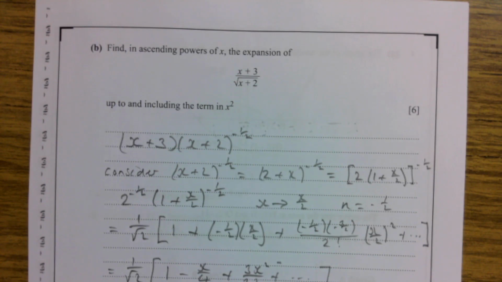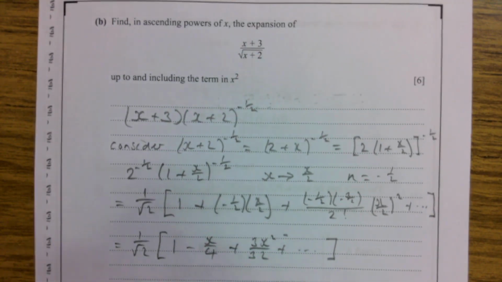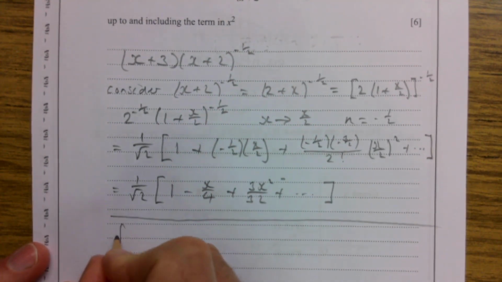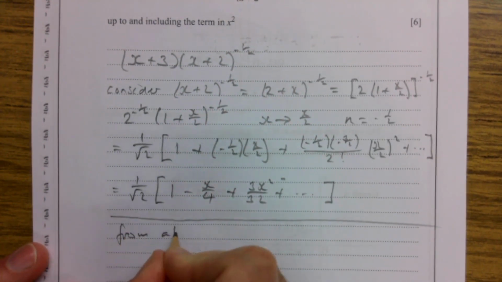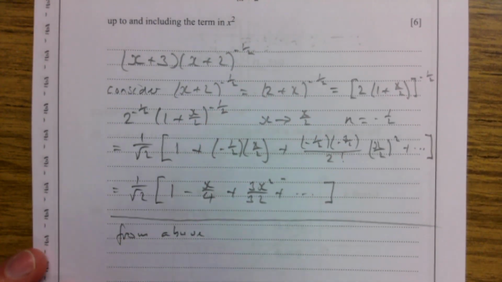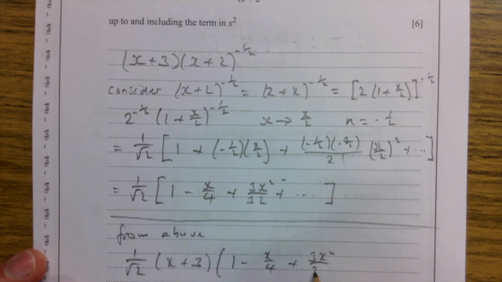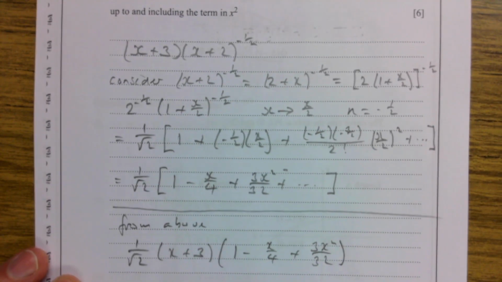So if we look back up at the original from above, then our question becomes 1 over root 2 times (x + 3) times (1 - x/4 + 3x squared over 32).